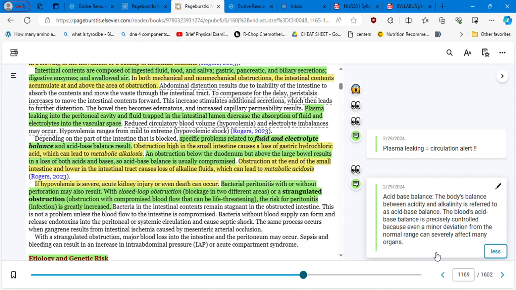In other words, if I have an obstruction at the level of the jejunum, which is going to have a pH of 5, 6, or 7, I'm just making up numbers, I cannot remember the exact level of acidity. But if we have an obstruction, these contents are going to go back to the duodenum, which carries an acidity level of 3 or 4, let's say, right?